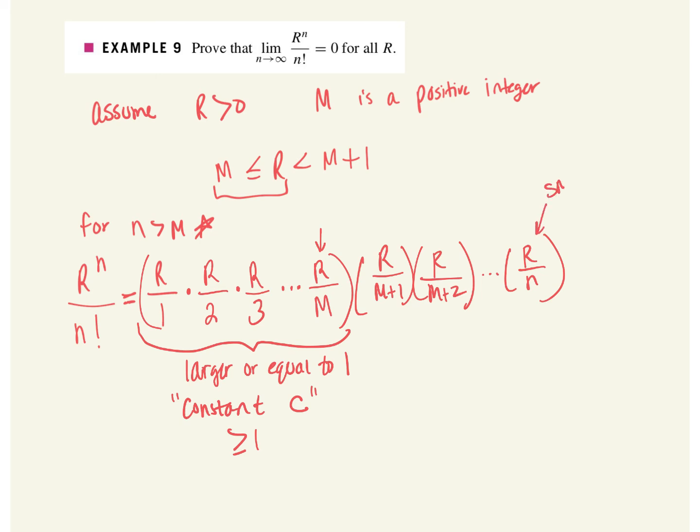This is technically the smallest term, right? n is now the largest value, making the overall fraction the smallest. Each of these factors is less than 1.